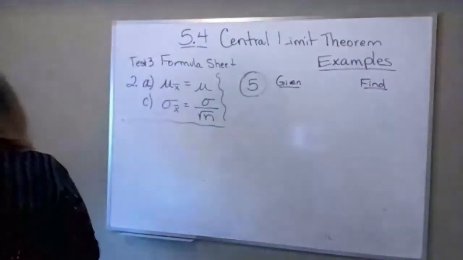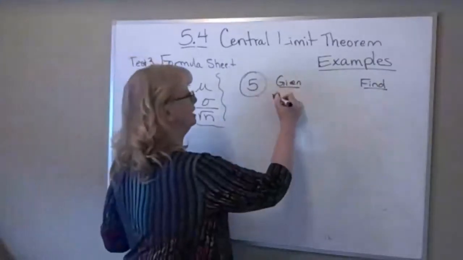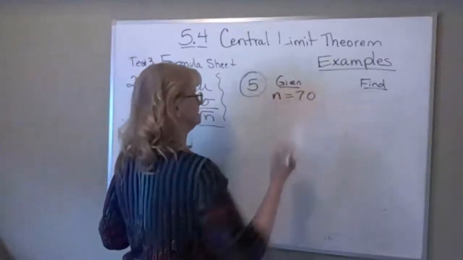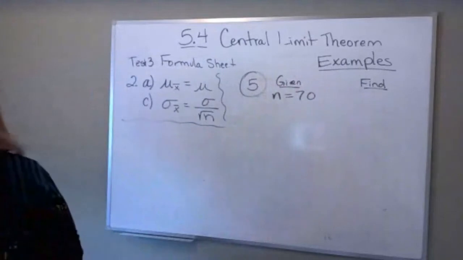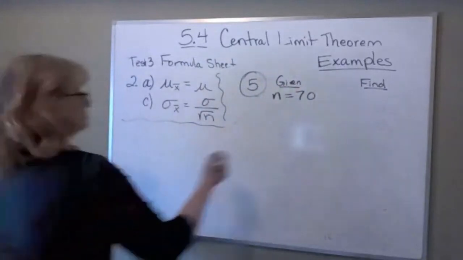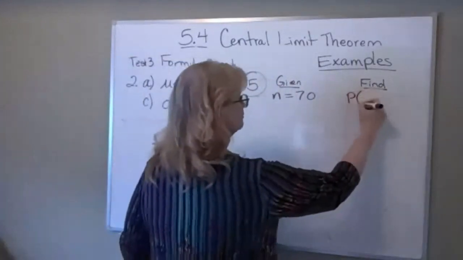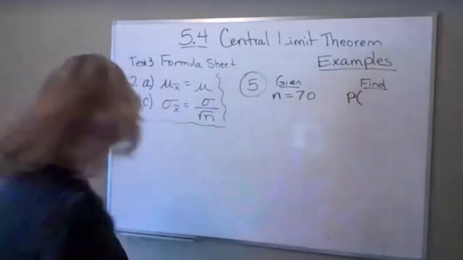It says for sample size 70, so my sample size is 70. It says find the probability, so I'm putting this under find because it says find.